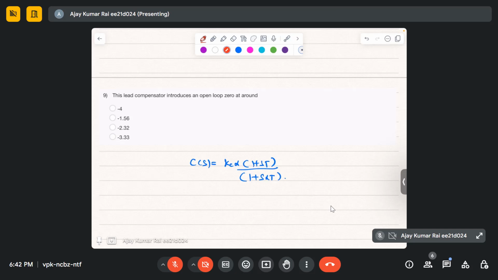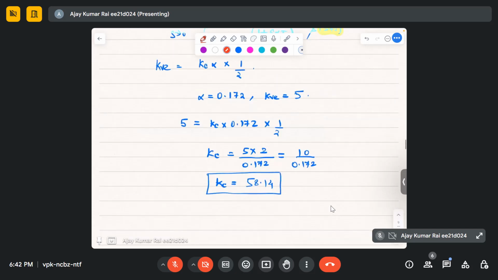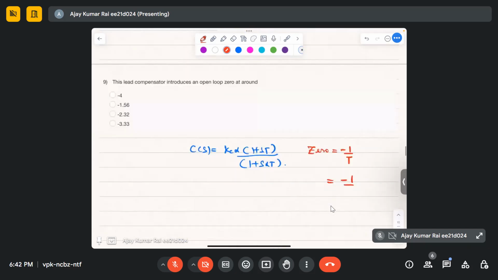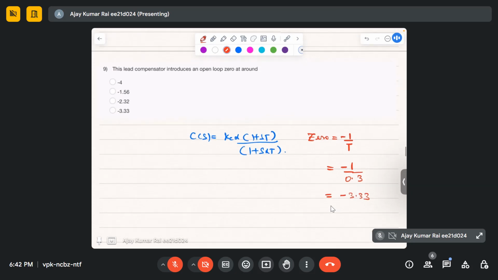It's 1 by T, so the zero is equal to minus 1 by T. For our case, we have found the value of T. T is equal to 0.3. So 1 by 0.3, what will you get? 10 by 3 is what? 3.3. Very simple, right? So this is the open loop zero.